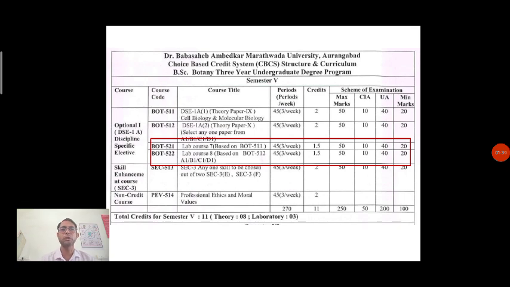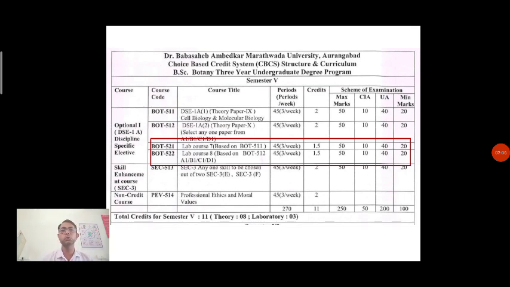So 10 plus 40, 50 marks is given as the total. And the minimum passing marks required for this paper is 20. So both these papers, Botany 511 and 512, have the same credit, the same marks, and the same minimum passing marks.